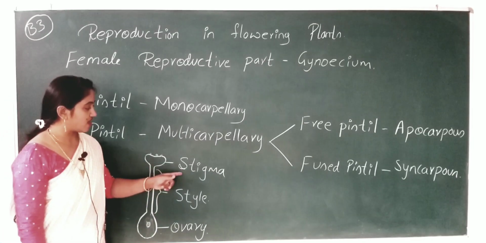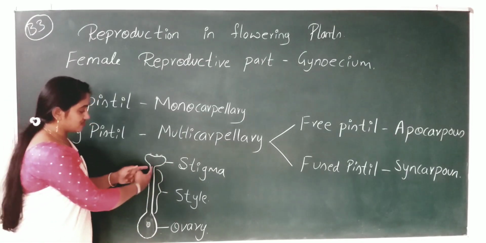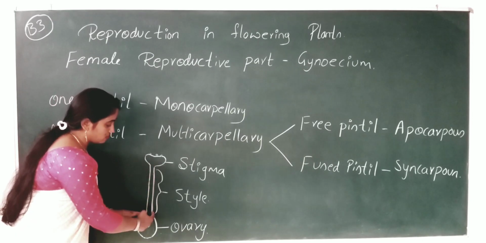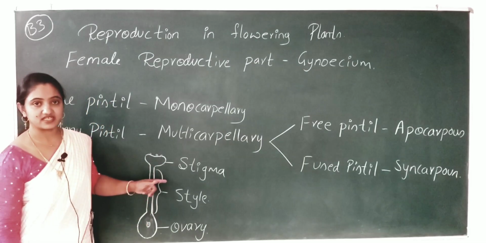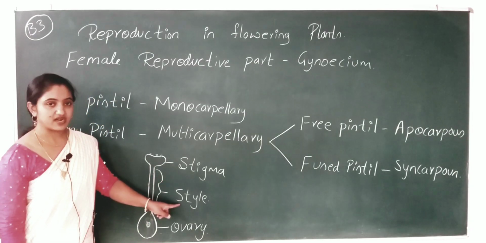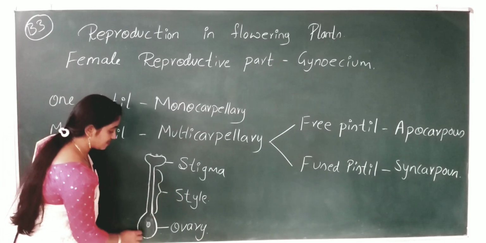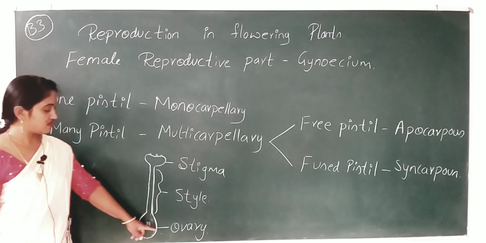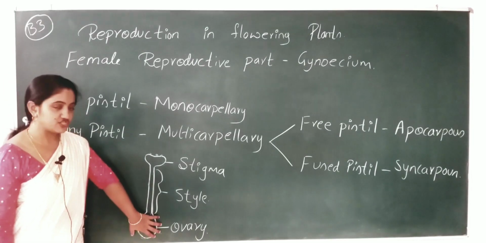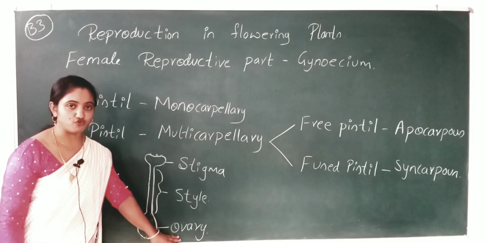After the stigma we can see a long, slender, stalk-like structure. It is nothing but the style. Next, the basal part of the gynoecium is a little bit bulged and it is known as the ovary.